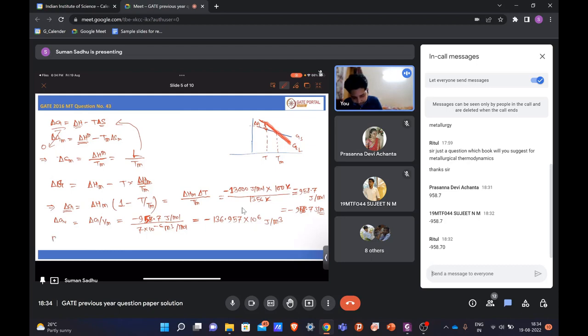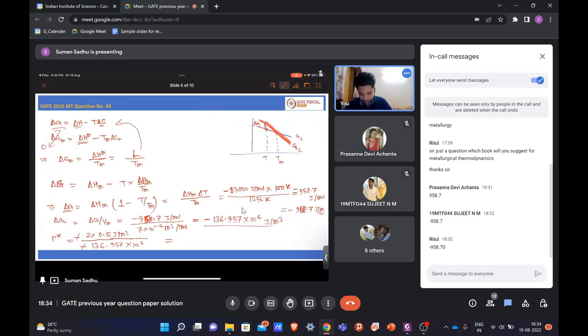So now we can calculate the critical radius. What is the critical radius? It is minus 2 into gamma S, gamma S meaning 0.5 joule per meter square, divided by delta GV, which is minus 136.957 into 10 to the power 6. So how much is it coming? That minus and minus will get cancelled out.